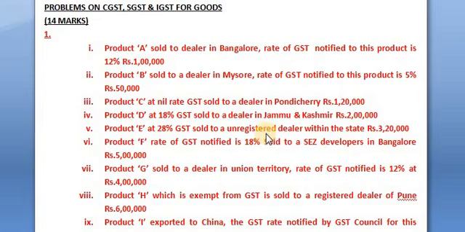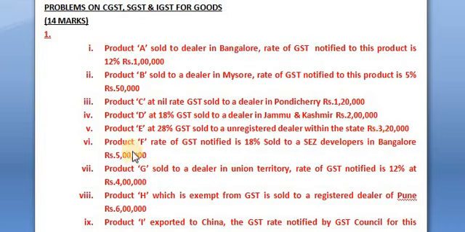It's not that a registered GST dealer should do transactions only with registered dealers. But in order to enjoy the benefits under the GST Act, you have to be registered. Here, product E at 28% GST sold to an unregistered dealer within the state means intra-state. This 3,20,000 has to be divided into CGST and SGST.